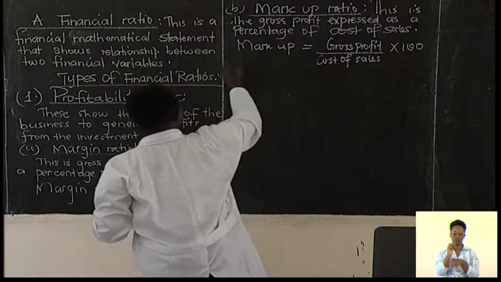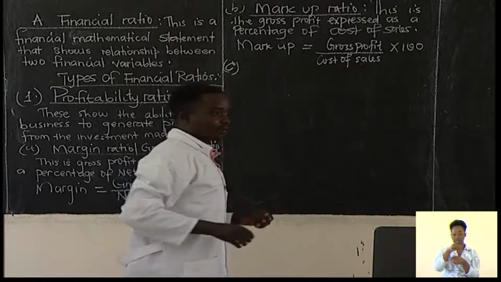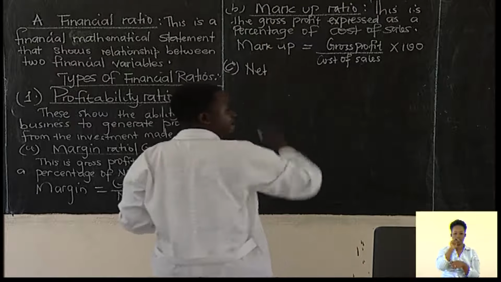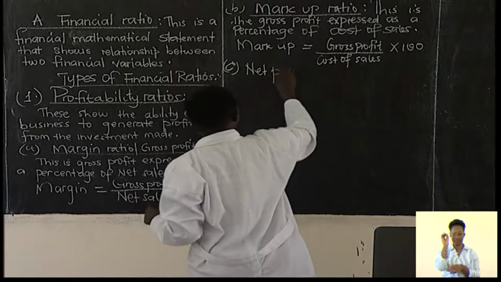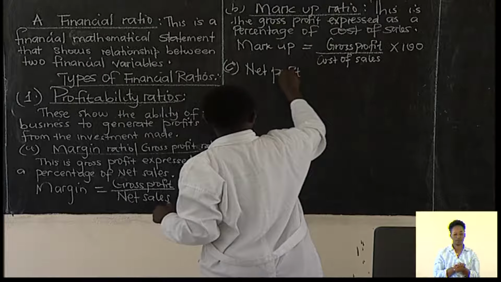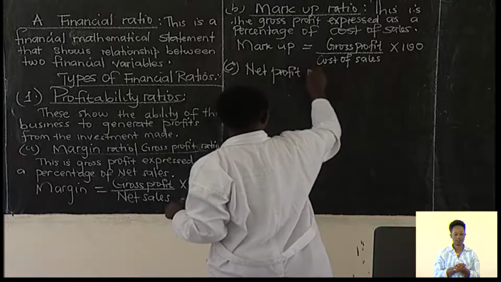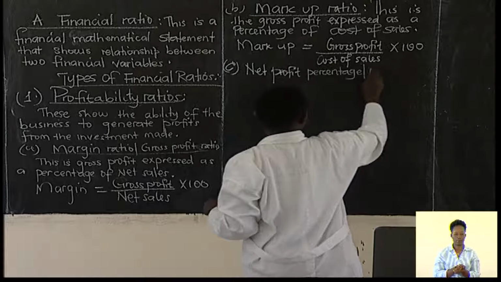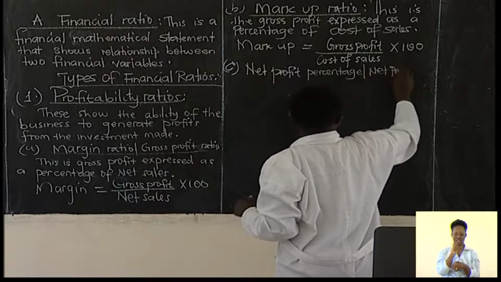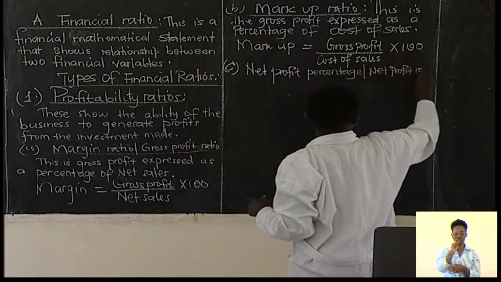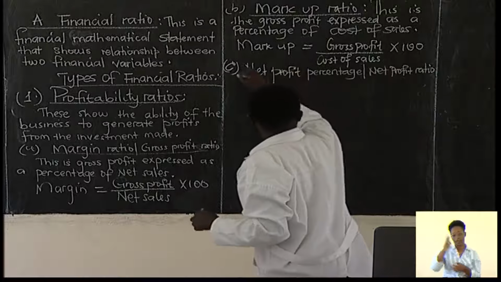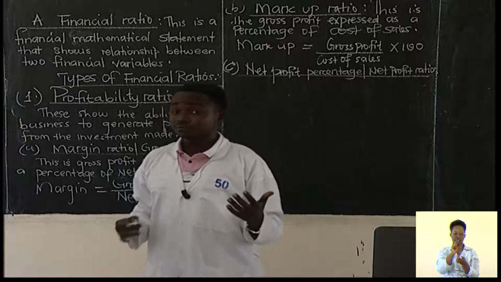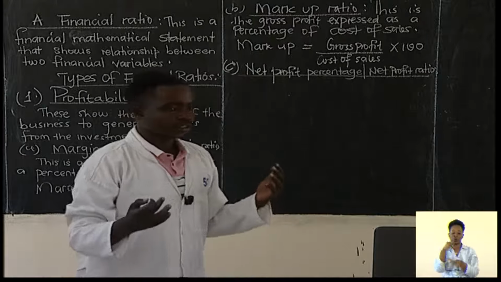Then we have another ratio that we shall talk about under this, which will be the net profit percentage, or the net profit ratio. Remember, you all know how to calculate net profit. Net profit is equal to gross profit minus operating expenses.